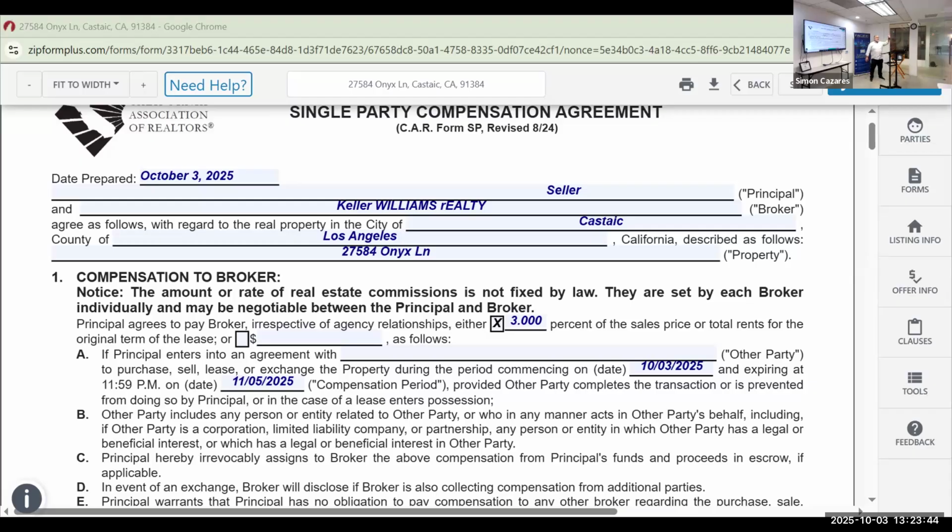The listing agreement already says an unrepresented buyer. So imagine if you can do an unrepresented buyer, you can also do an unrepresented seller. This form is attached to your offer saying, we make the deal happen if the buyer comes through, the seller comes through, the property is good, we can close the deal, you get paid a commission.